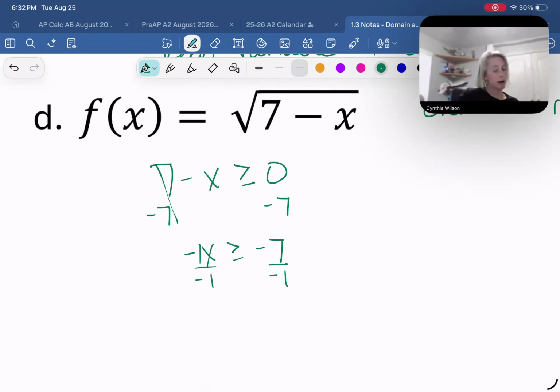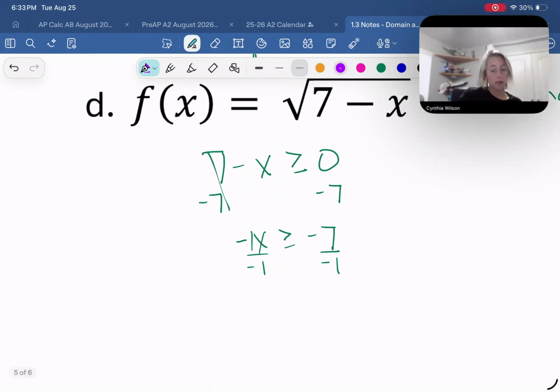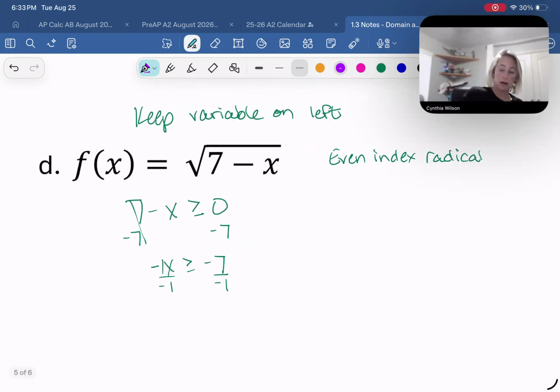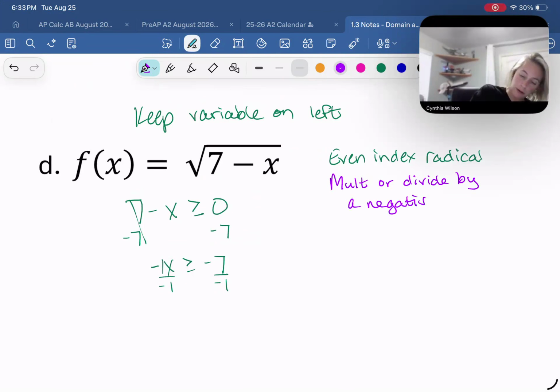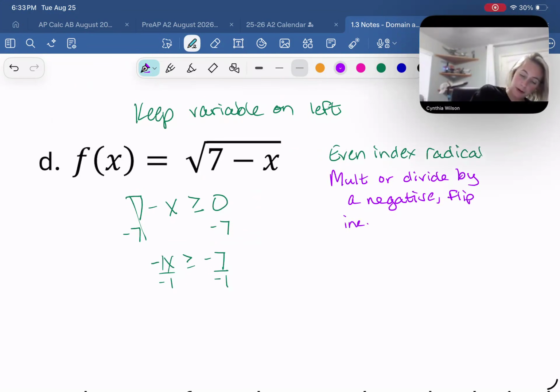Okay. I don't know when last time you guys worked with inequalities was, but if you multiply or divide by a negative, you have to flip your inequality symbol.